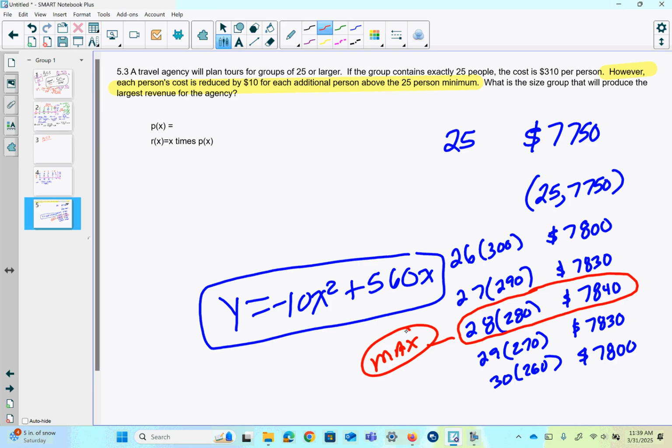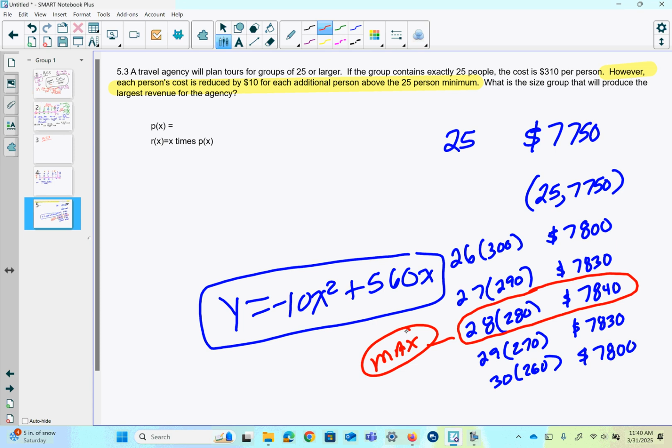So that's where your max profit is taking place: 28 people, costing them all $280 each to go on this trip. People are happy because this trip was going to cost $310 per person, and now at 28 it's going to cost $280 per person. So you're saving money, but the company itself is still making money off of this group.